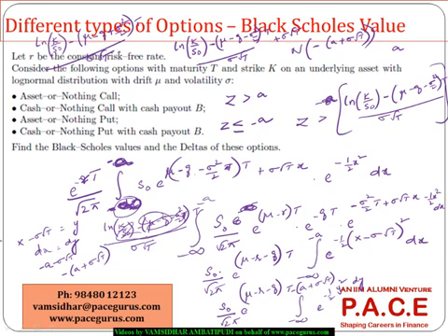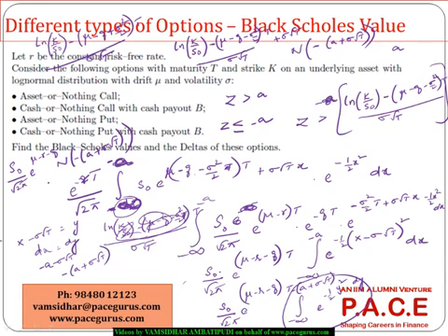So this is one more which is coming out, mu minus q plus sigma squared by 2 into t. So it is finally working out that the price of the call option, this part, is working out to S naught by root 2 pi e to the power of mu minus r minus q times N of minus of a plus sigma root t.